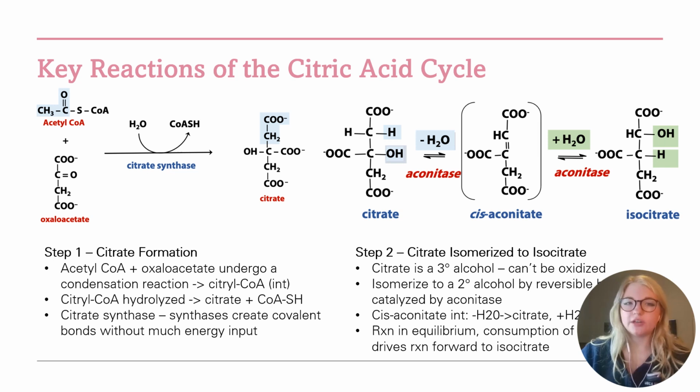To go from citrate to cis-aconitate, we must lose water, but to go from our intermediate to isocitrate, aconitase must add water back to form isocitrate, a secondary alcohol. Although this reaction is in chemical equilibrium, the quick consumption of isocitrate in the next step will drive this reaction forward to replace the lost isocitrate.